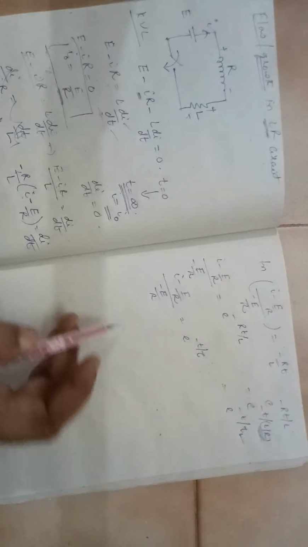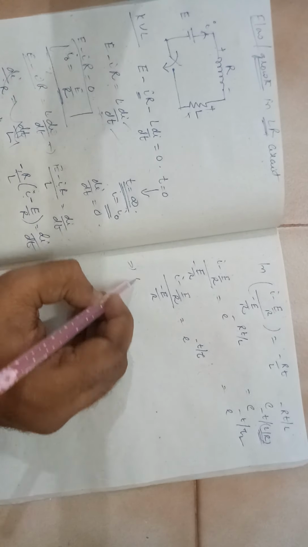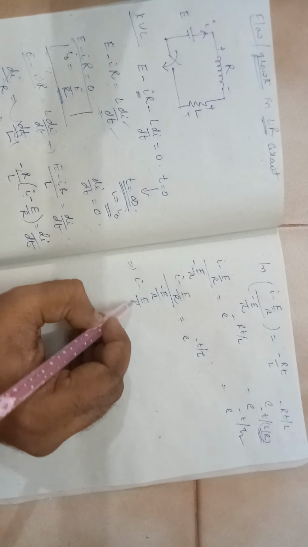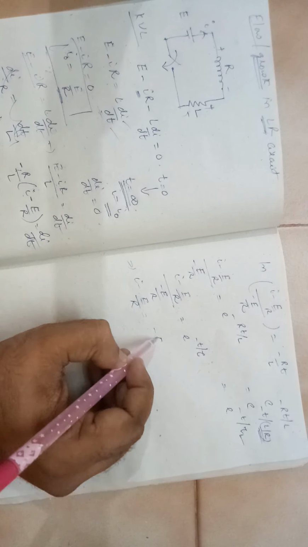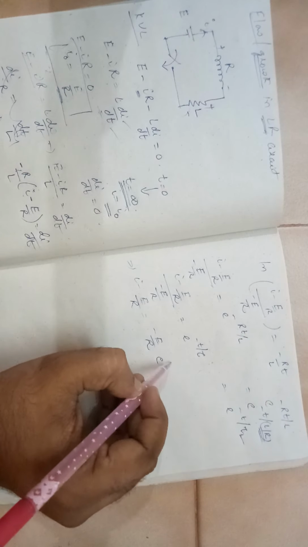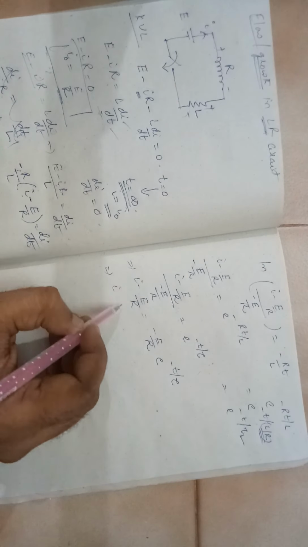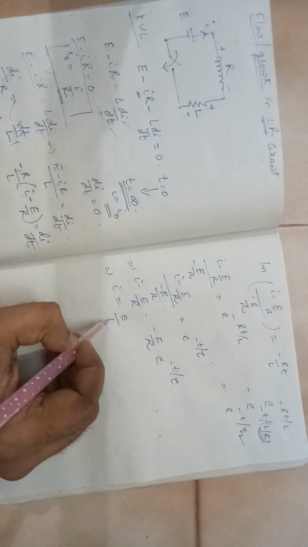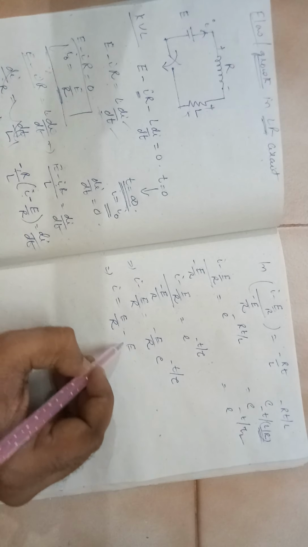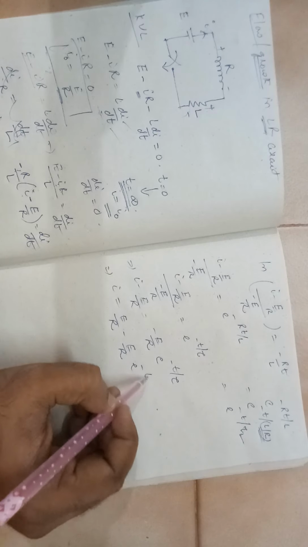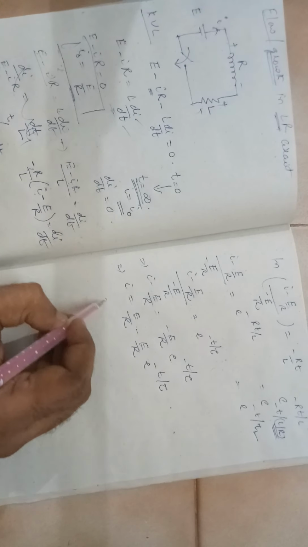This is a time constant. That implies I minus E by R is equal to minus E by R into e power minus T by tau, or I is equal to E by R minus E by R into e power minus T by tau.